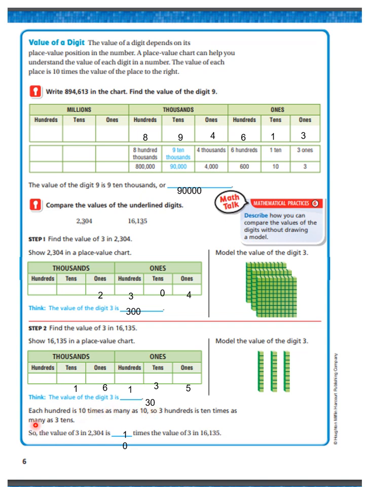It says each hundred is 10 times as many as 10, so 300 is 10 times as many as 3 tens. So the value of the 3 in 2,304 is 10 times the value of the 3 in 16,135. All right, pause this video and get your worksheet filled in.